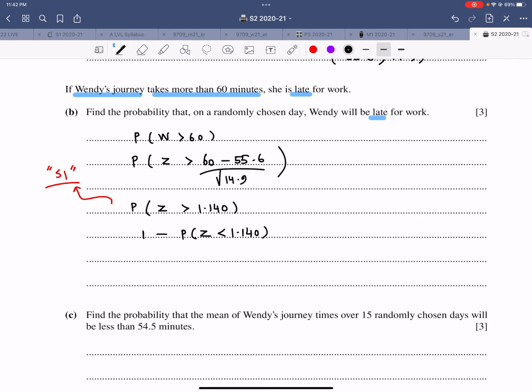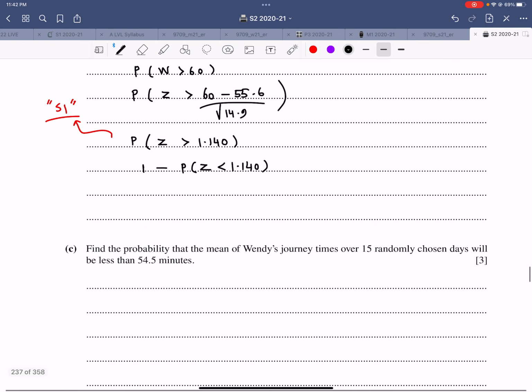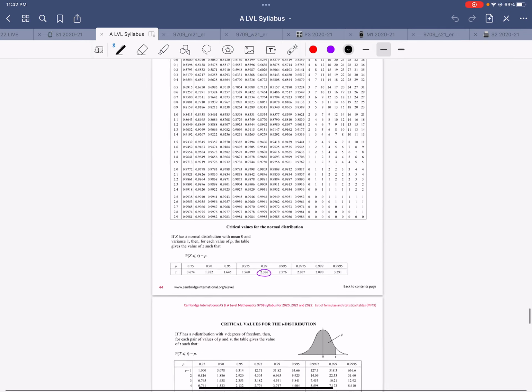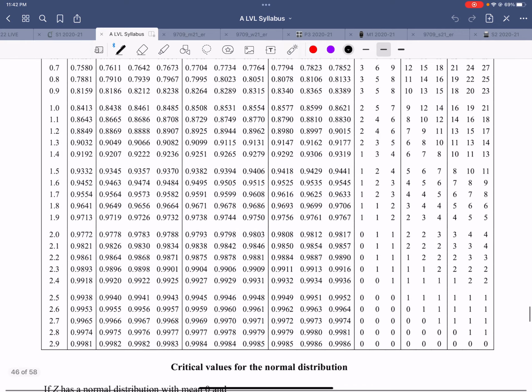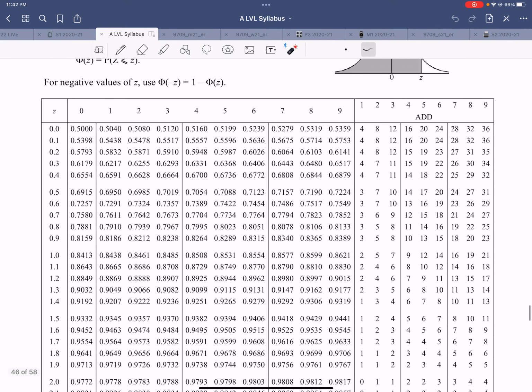So that is the final answer, correct to 3 significant figures. And of course, we are all aware of the normal distribution table. So something like 1.140, this is 1.1 and 4 and 0, so 1.14. This was the value, and then you subtract, and that is what you get.